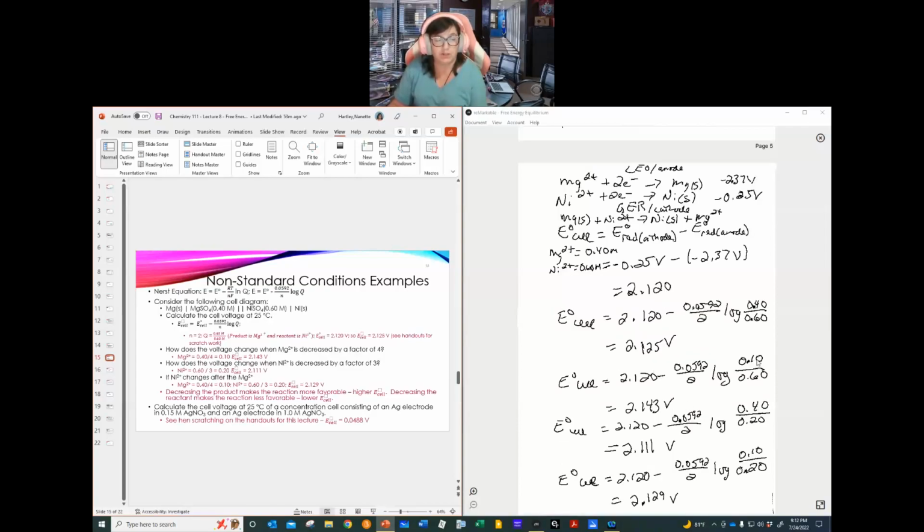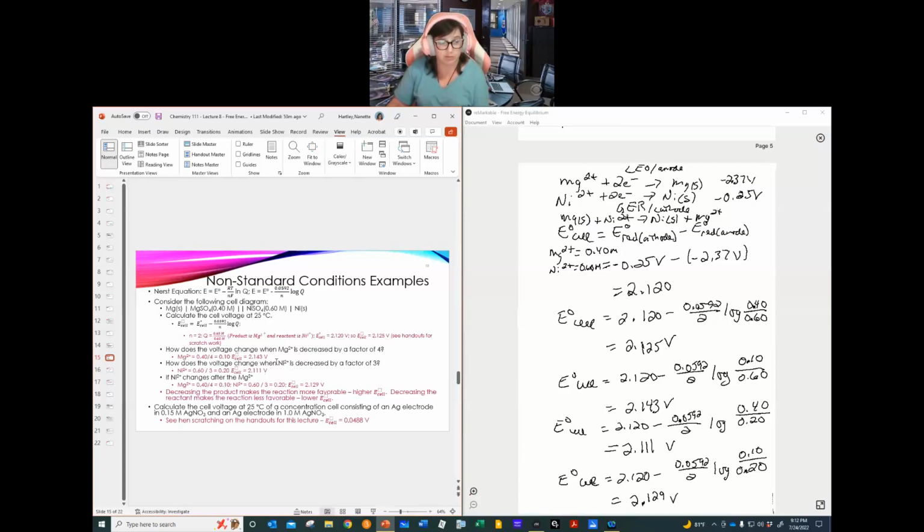It says, how does the voltage change when Mg2+ is decreased by a factor of 4? Mg2+ goes from 0.4 over 4 to 0.1. Then my E cell goes to 2.143. Okay, and that's this math right here. This math is for when we've reduced our Ni2+ from 0.6 to 0.2, which is the one we talk about right here.